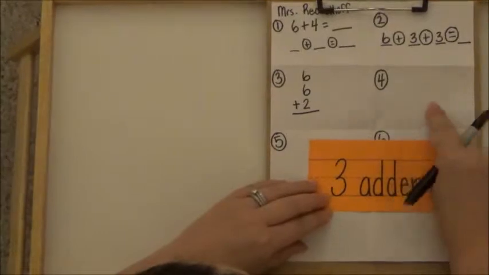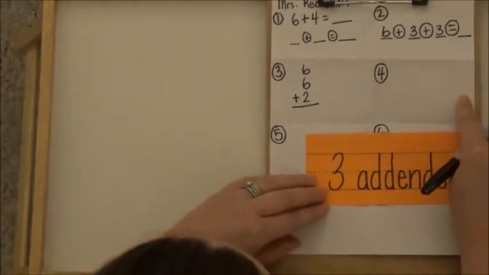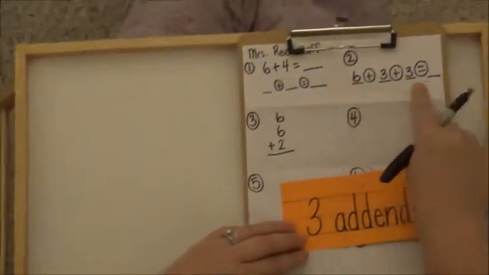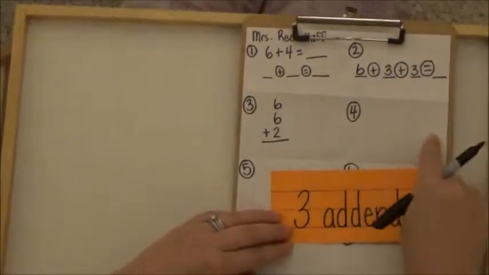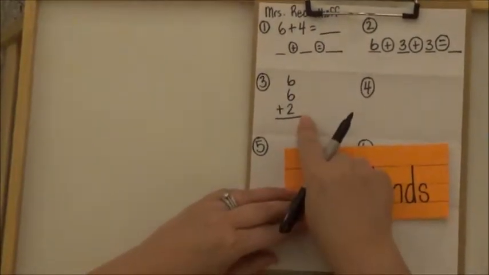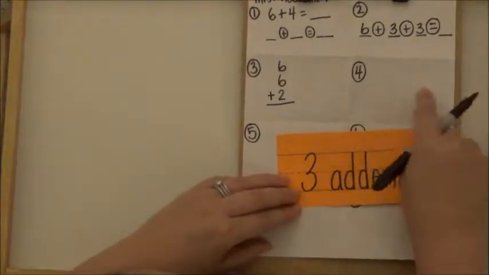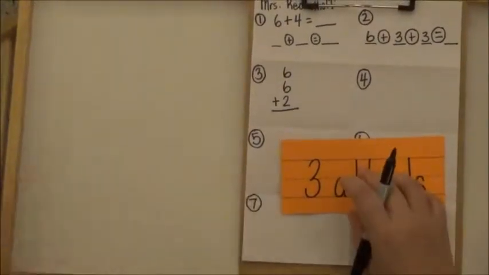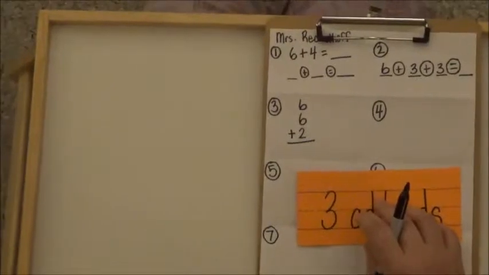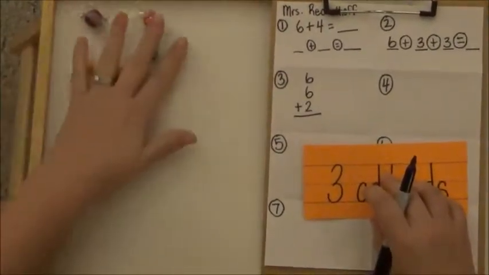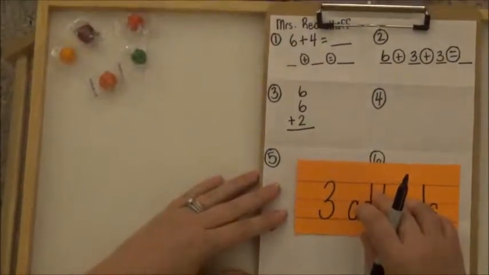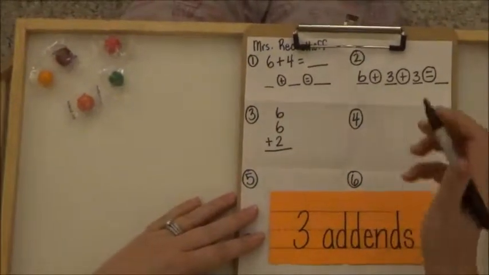And one more 3 add-ins problem. Boys and girls, you can work your problem horizontal or vertical. You pick which one is easiest for you, horizontal or vertical. This time I only have 5 Jawbreakers.